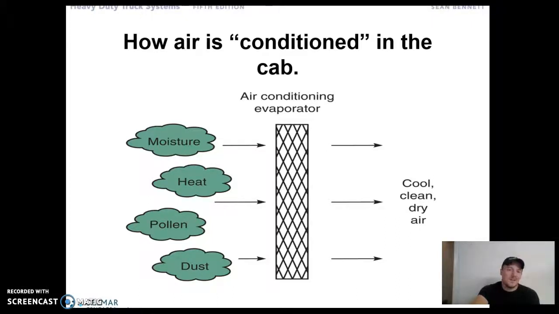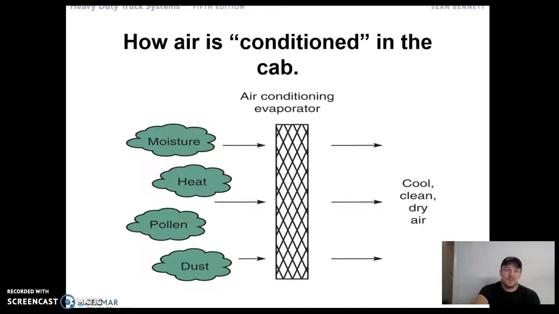Now, the cleanness, typically right here on the front side of this evaporator, right in this section, you're going to end up with a filter. I don't know, many of you have probably seen these filters. They're just a bunch of fibers, really.